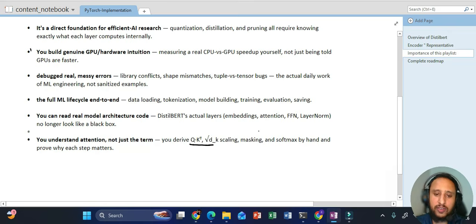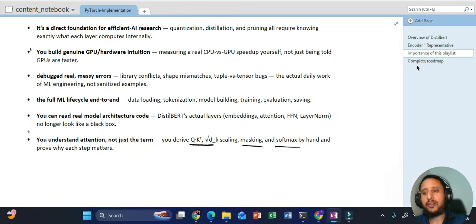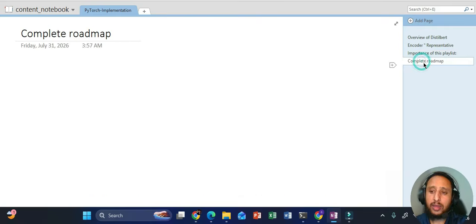We are going to discuss the original formula, and the real formula we are going to implement from scratch. So you will understand how the attention mechanism works internally, and then there are different steps that we perform. After that, we will do those steps as well and understand it even better. So that is all about the important points.